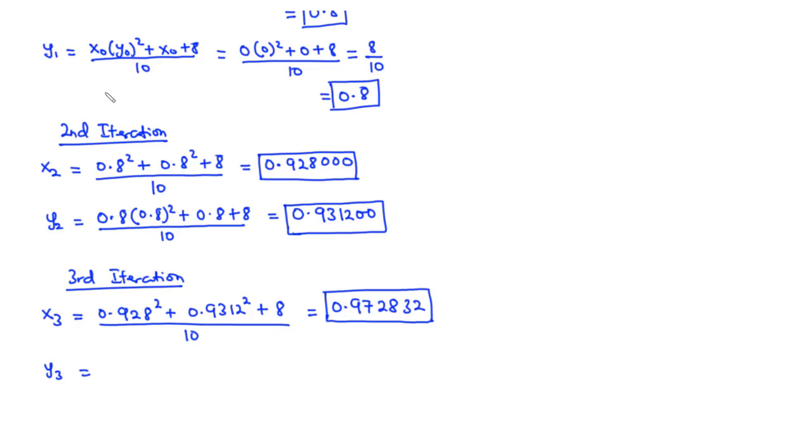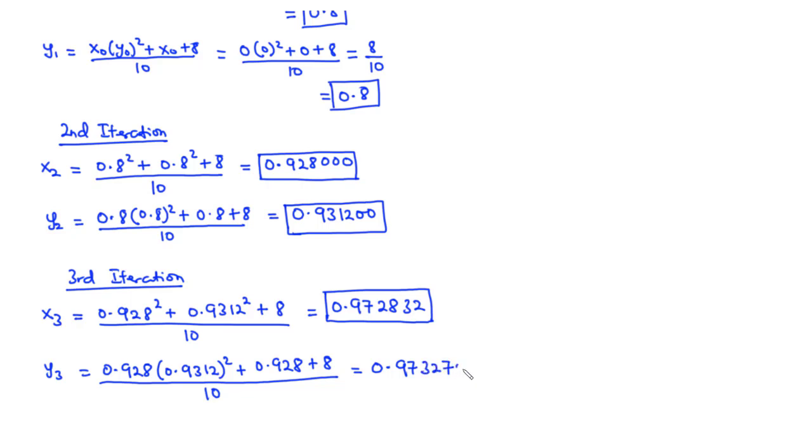We are going to have x2, which is 0.928, that is for x2 times y2, which is 0.9312 square plus x2, 0.928, plus 8, all divided by 10, and that will also be equal to 0.973270. So this is the value of y3.